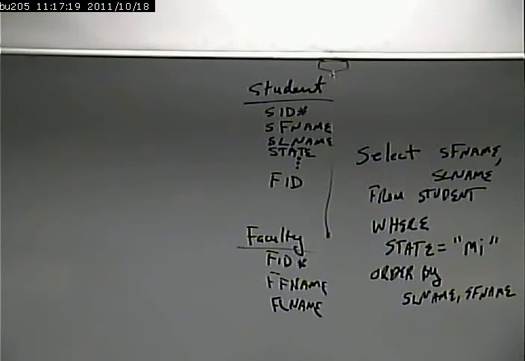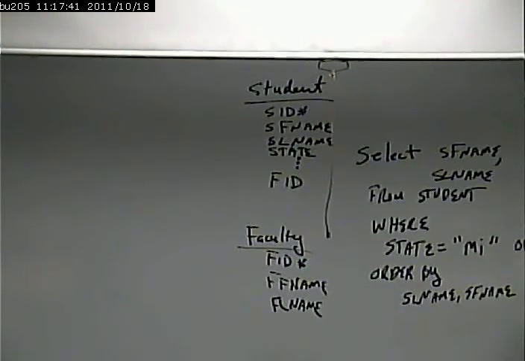Now, we could add conditions to this. For example, maybe we want students that are in Michigan or Ohio. Well, we could say state equals Michigan or state equals Ohio.